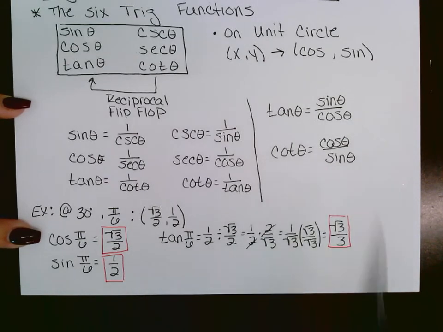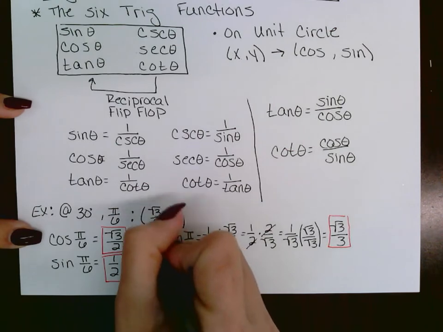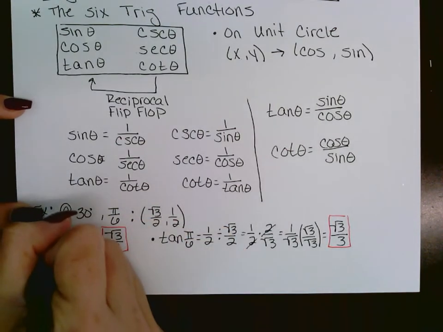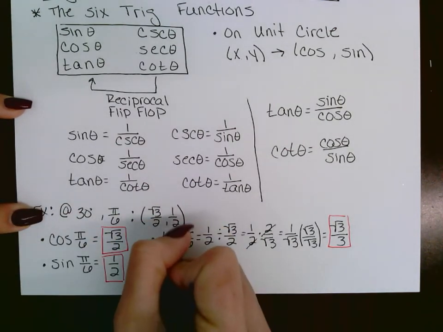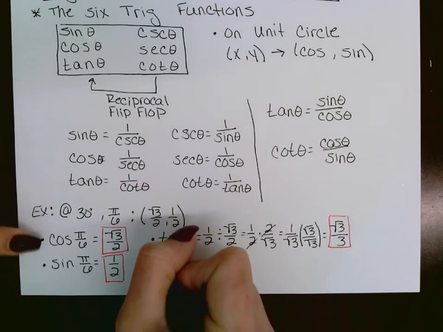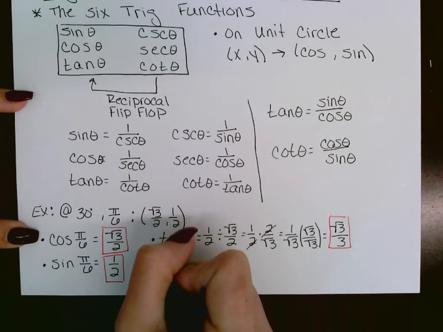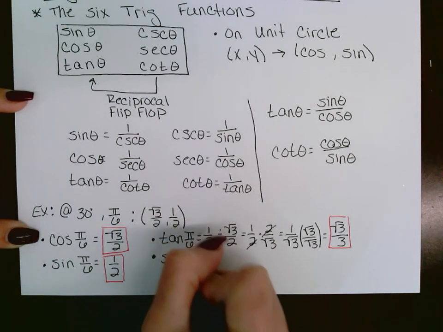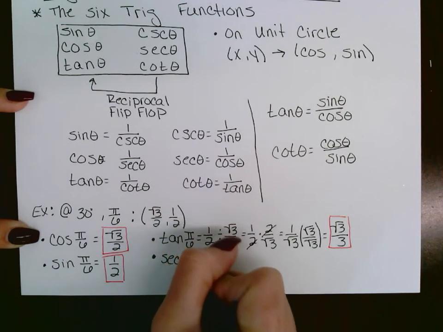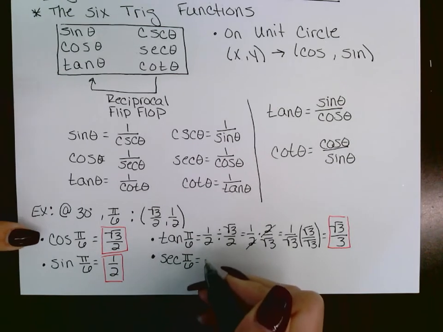So, we have tangent, cosine, and sine. Let's start in order. Let's do the flip-flop of cosine. Flip-flop of cosine is secant. So secant of pi over 6. What happens when I flip cosine?